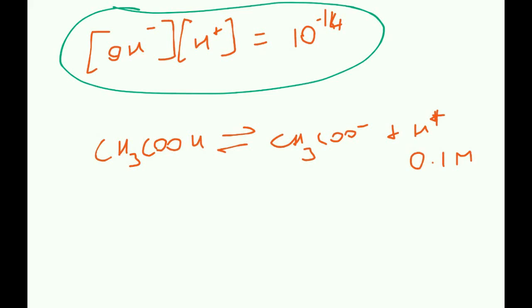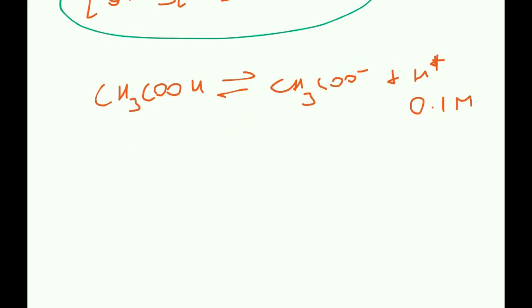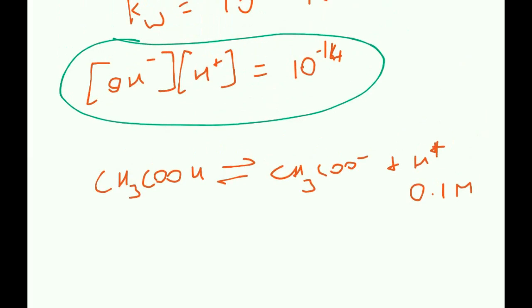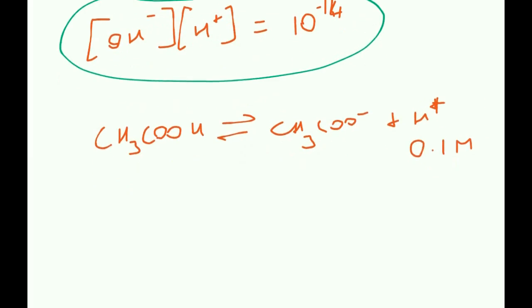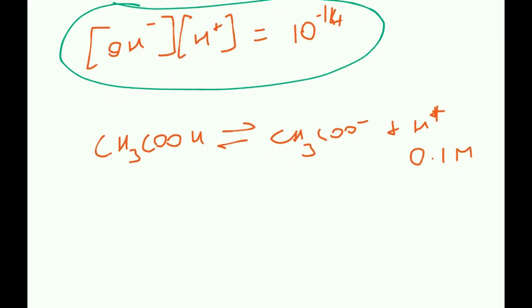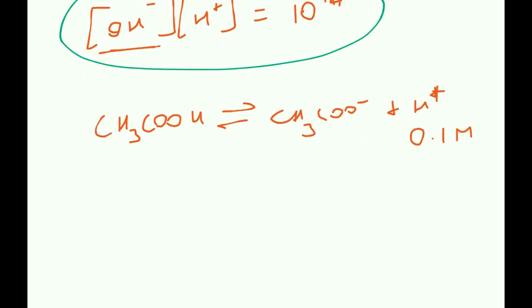Find the concentration of OH negative ions, because that's going to be there. Basically nothing is totally acidic, completely acidic. Nothing is completely basic. It's always going to have some basic character. So when they ask what is the concentration of OH negative, they're basically asking what is the basic character.